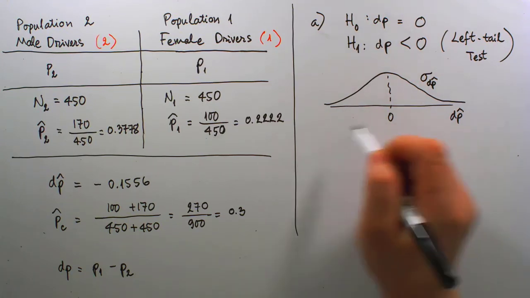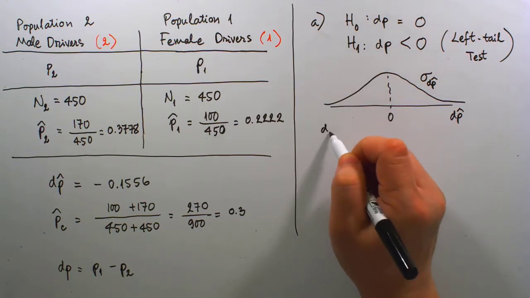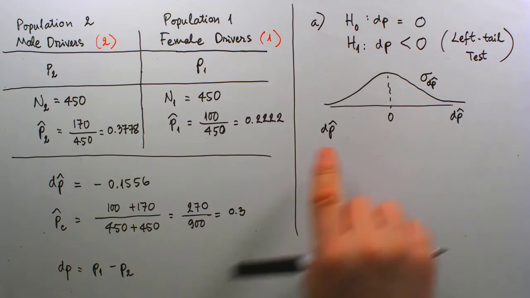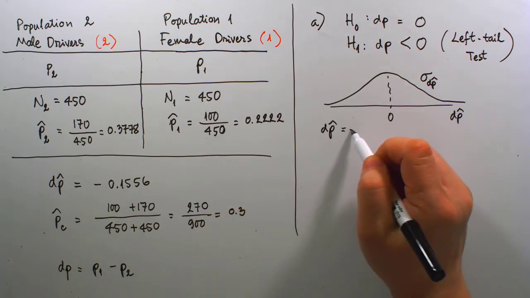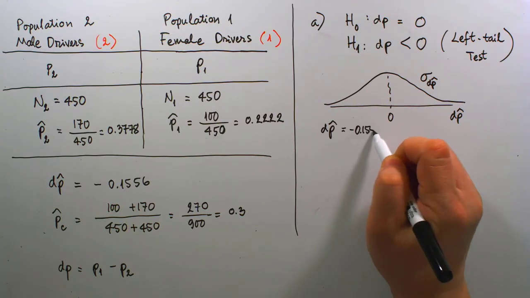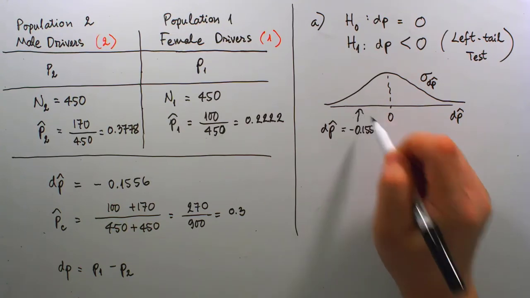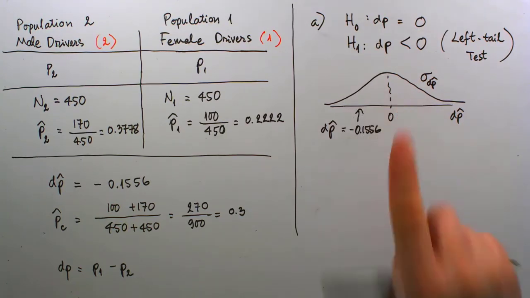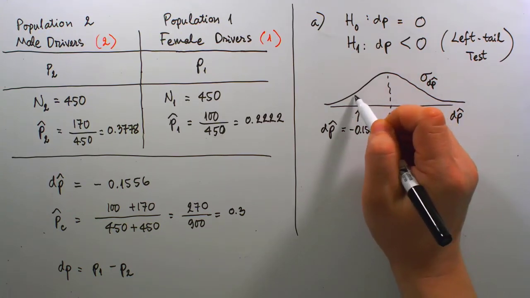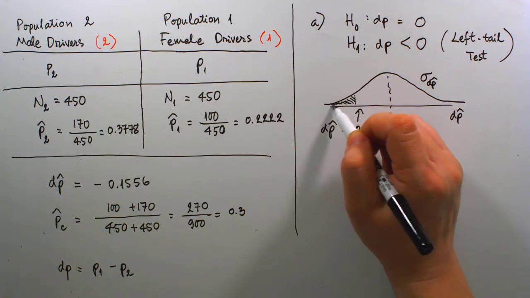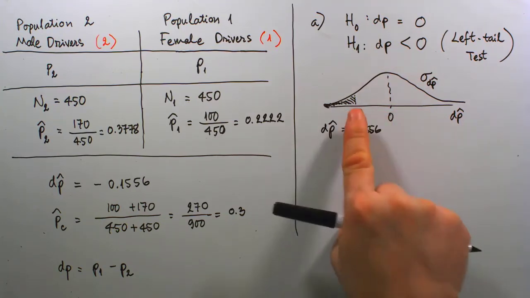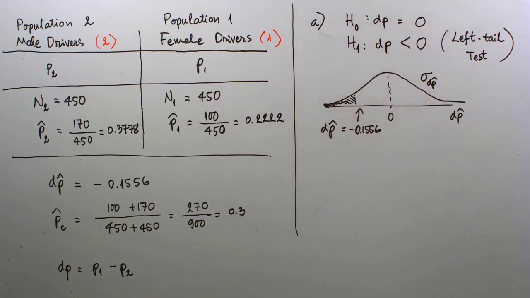But now from this center here, our sample value, the dP hat we currently have, would appear to be somewhere to the left-hand side of the center on this bell curve. And so that means that consequently later on when we're calculating the area, it must be the area that's pointed to the left-hand side, because it's a left tail test.